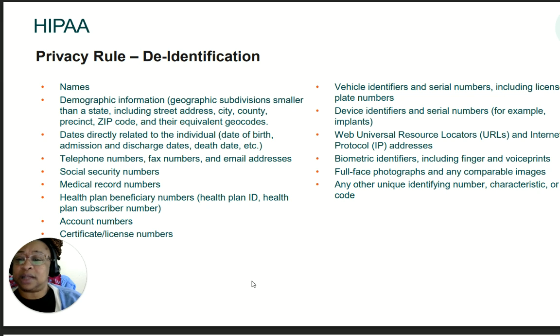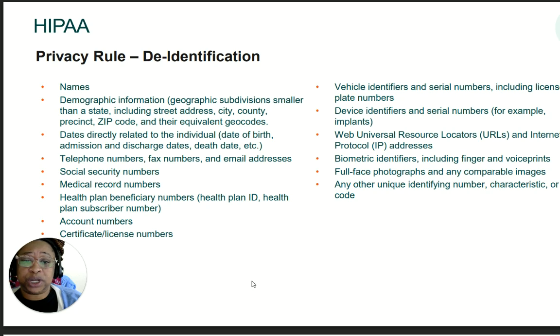Phone numbers, fax numbers, emails, social security numbers, medical record numbers, health plan ID numbers, account numbers, certificate and license numbers, and vehicle identification serial numbers, even on their car license plates. Device identifiers and serial numbers, such as implants or other devices that could have been used for the patient.